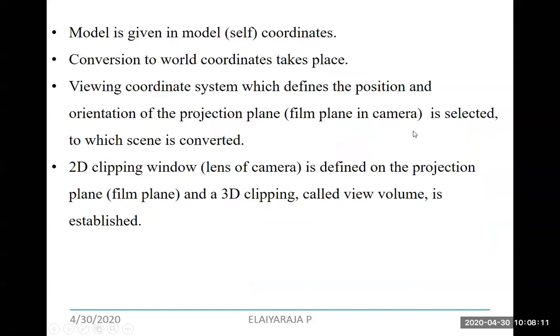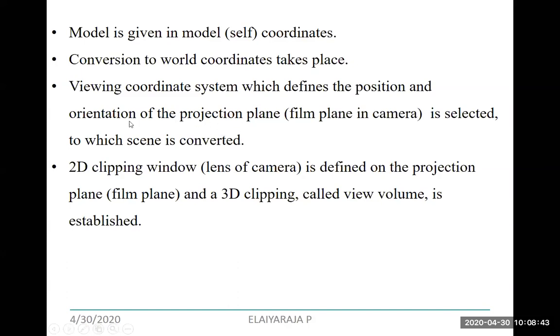And here a model is given, any polygon coordinates, right? And conversion to world coordinates takes place in the next phase. Then the viewing coordinate system, which defines the position and orientation of the projection plane, is selected, and to those viewing coordinate system values we convert.